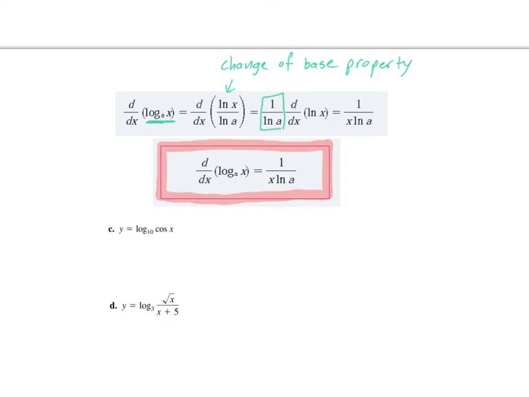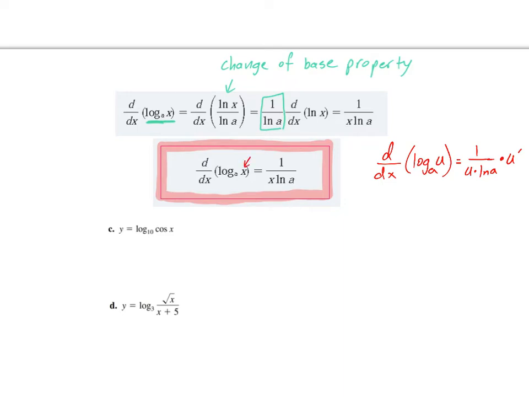The formula should probably be, if it's in terms of u, then the derivative with respect to x of any general log base a of u is 1 over u times natural log of the base times u prime. So we multiply by the derivative of the input if the input is something other than x.